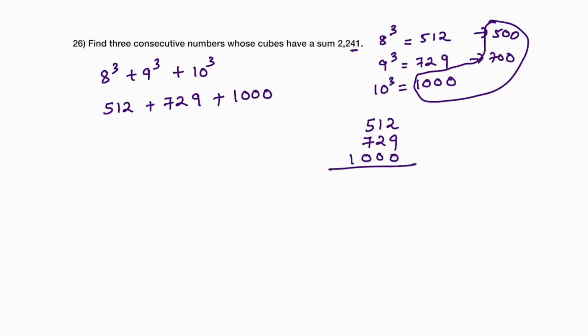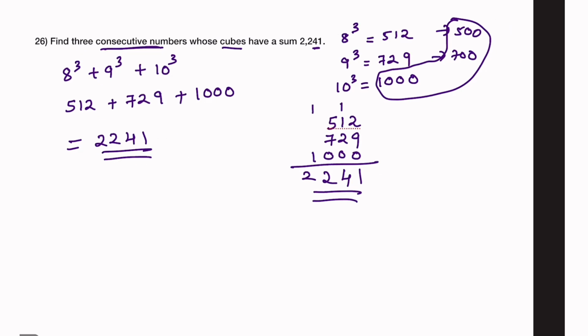We add all of them together, right? 2 plus 9 is 11. 1 here, carry 1. 1, 2, 3, 4. 5 plus 7 is 12. 1 carry, that's 2. And that's exactly what we want. 2241. So the three consecutive, one after the other. You cannot take random numbers.